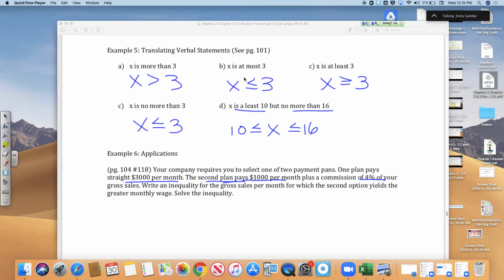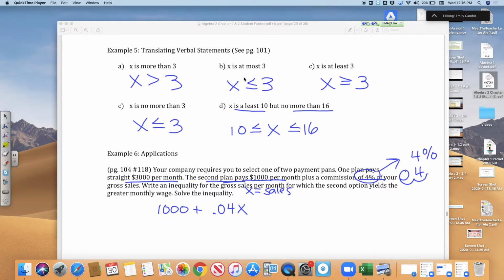So the second plan is $1,000 per month plus a 4% commission. We need to take 4% and change that to be in decimal form. So that would be 0.04x, and x is going to be sales. So this inequality represents the second plan.